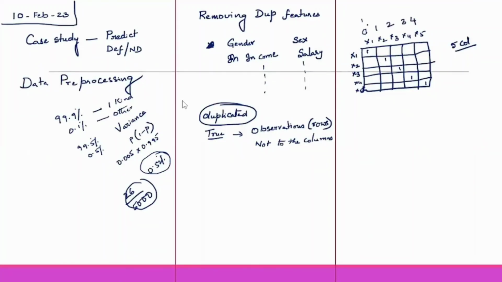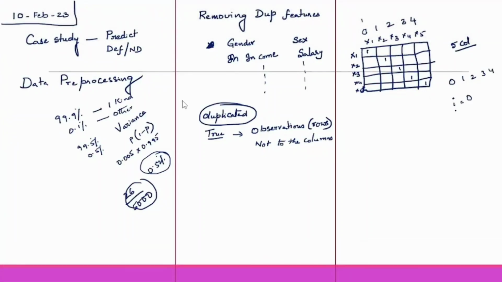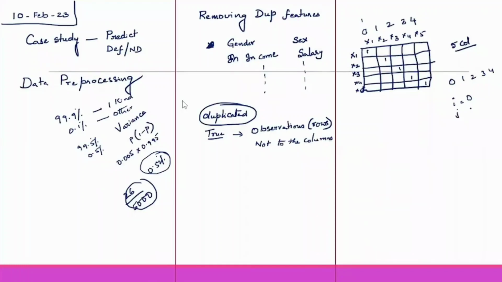So when you loop, my I has a value of 0 first. The second step, we are saying J is in the range of I. I is only 0, so J also will be 0 only. When I is 1, J will be 0, 1, because it is in the range of 1.